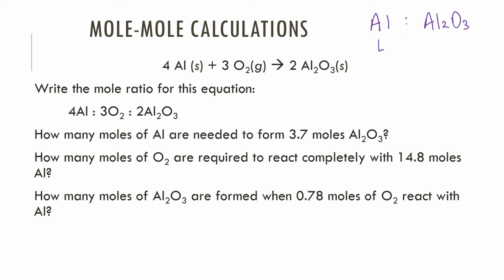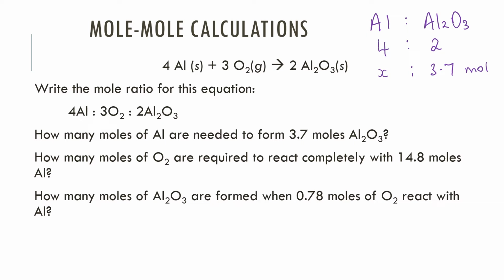We have a ratio of 4:2. We want to form 3.7 moles of aluminium oxide, so we want to find out how many moles of aluminium are needed. This is where we look at our mole ratios.